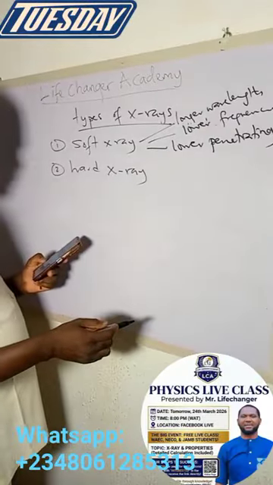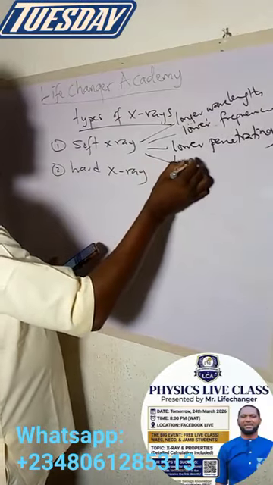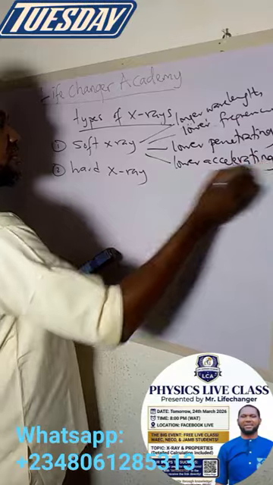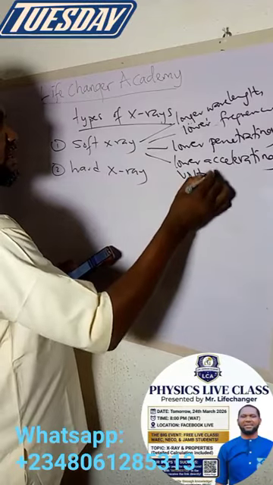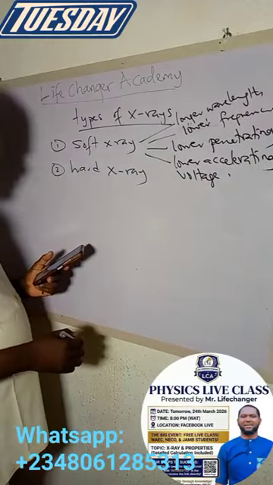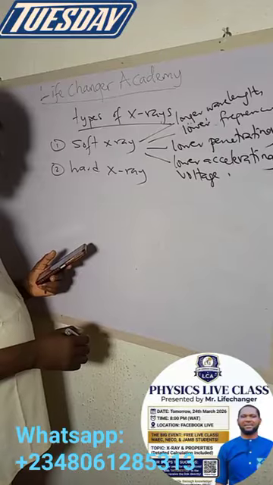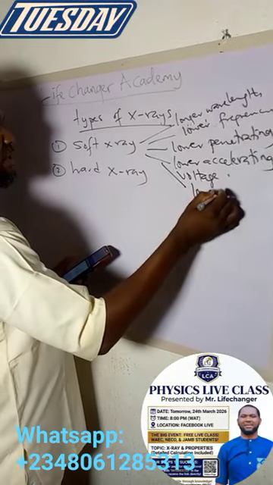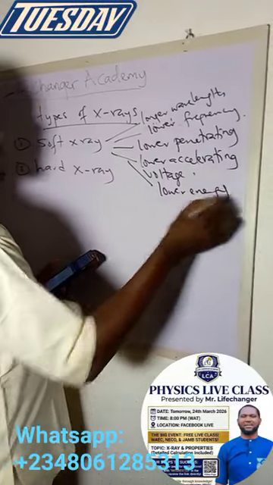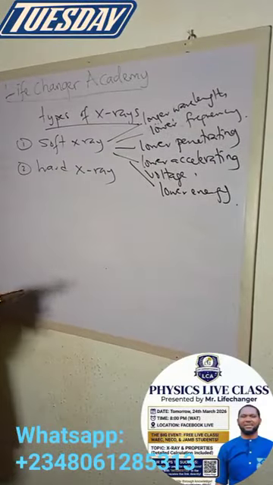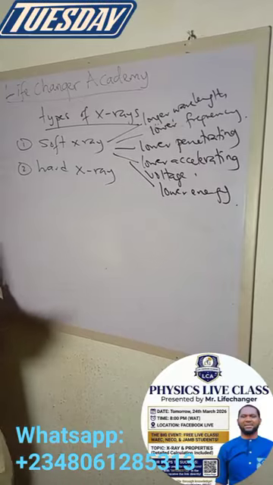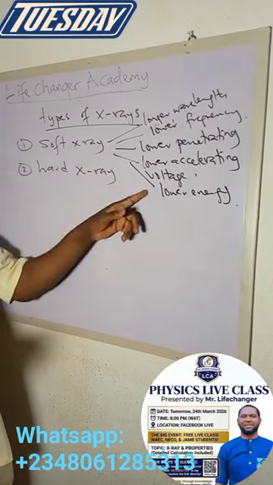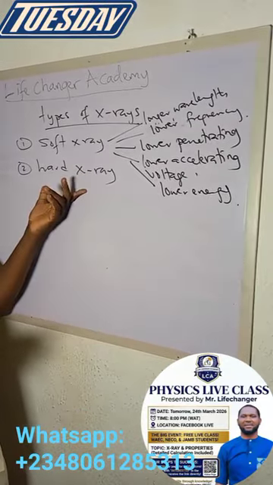Another I will mention is that, as a result of lower accelerating voltage, I think that would be it for now. I already mentioned that it has lower energy compared to hard X-ray, so I don't need to say much here. That means if soft X-rays have these properties, then you know what hard X-ray would have.